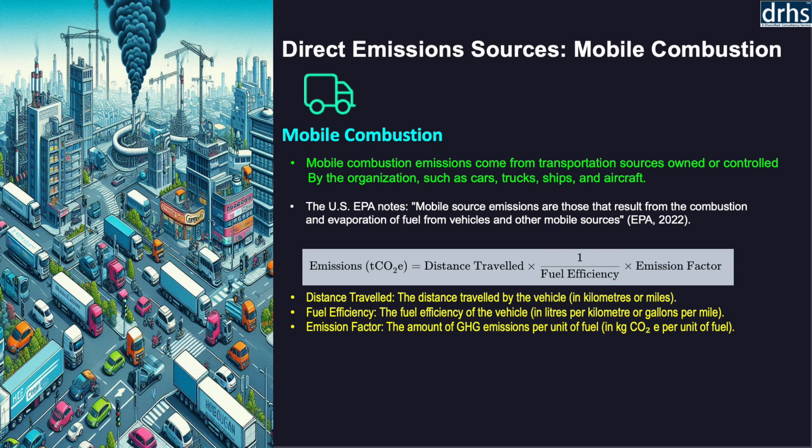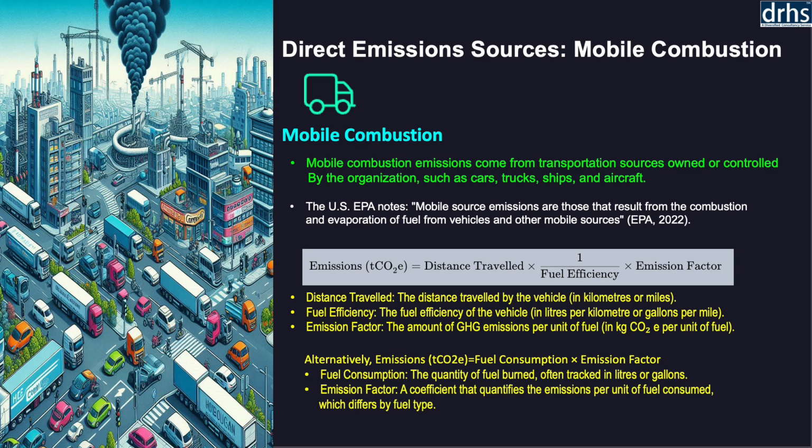The formula for calculation largely relies on three factors: distance traveled, fuel efficiency, multiplied by emission factor. Alternatively, it can also be calculated taking account of fuel consumption and emission factors.